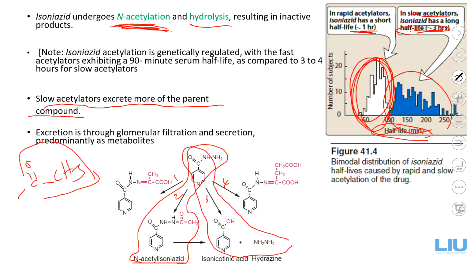Do not memorize the hours, but make sure you understand the concept that if you have slow acetylators versus rapid acetylators, then the half-life is going to be different, and so the administration of the drug will be different. Make sense? Everybody get that? Okay. Make sure you also recognize which one of these pathways is the N-acetylation and which one is the hydrolysis. Make sense?